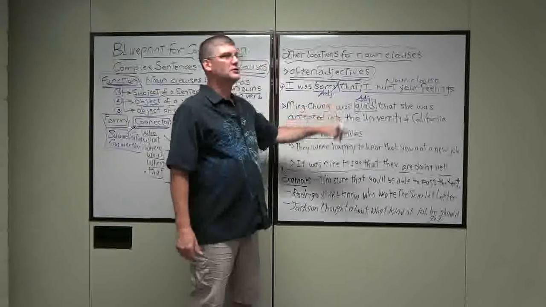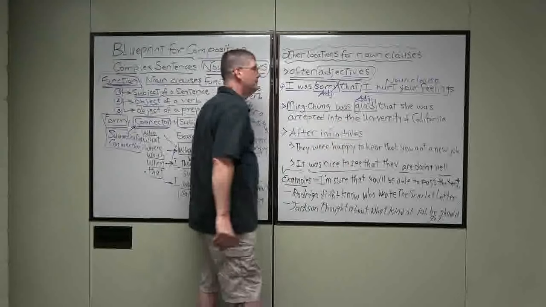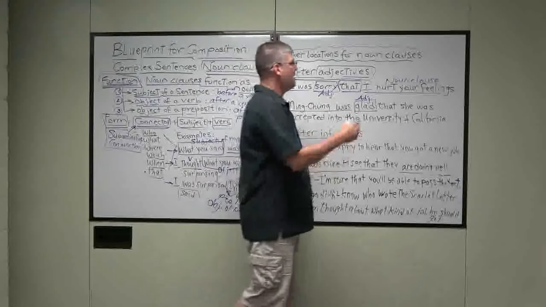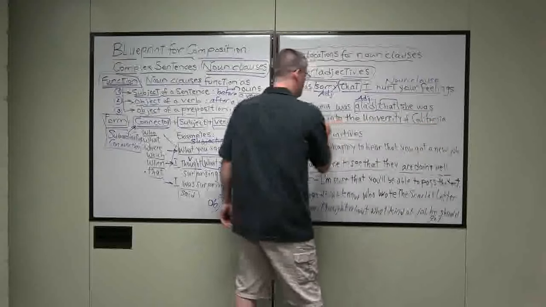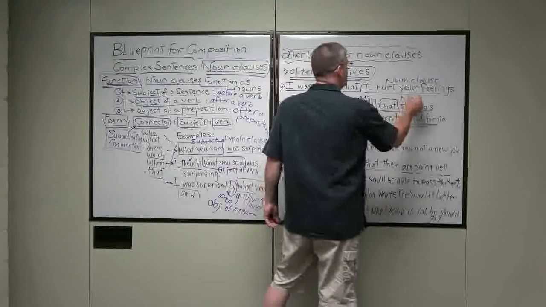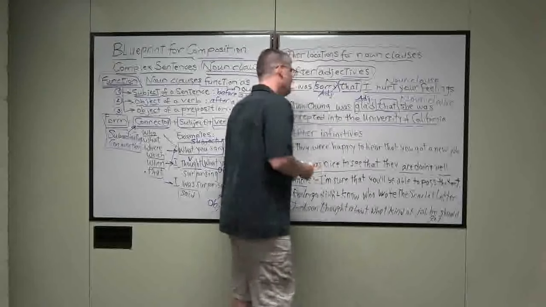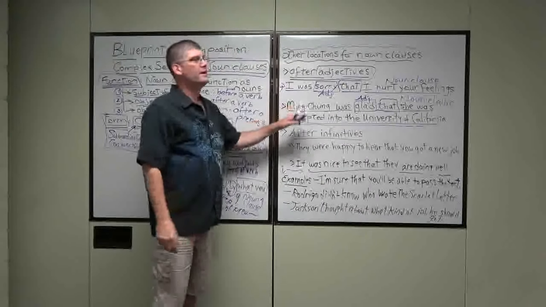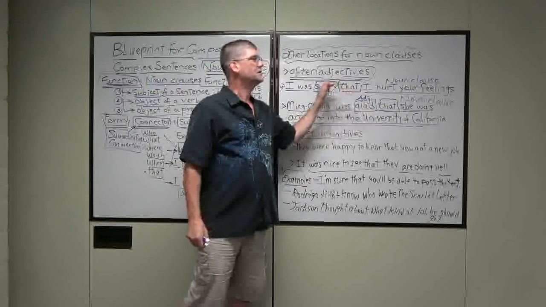Glad and sorry are both descriptive adjectives. So the main clause is Ming Chung was glad. She was glad that, so here we have another connector, that, and all of the remainder of the sentence after the word that is your noun clause. So that's one thing that you can keep an eye out for, noun clauses after adjectives.